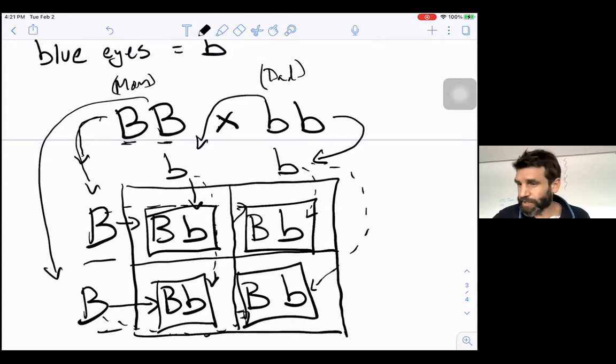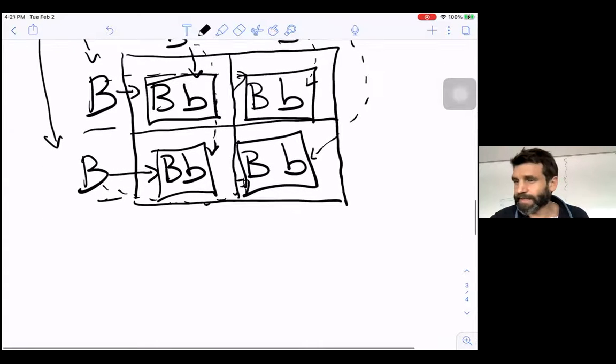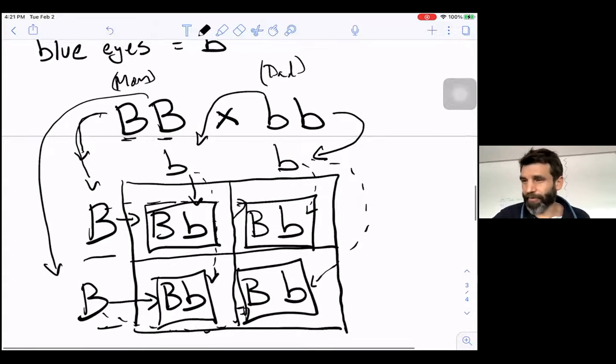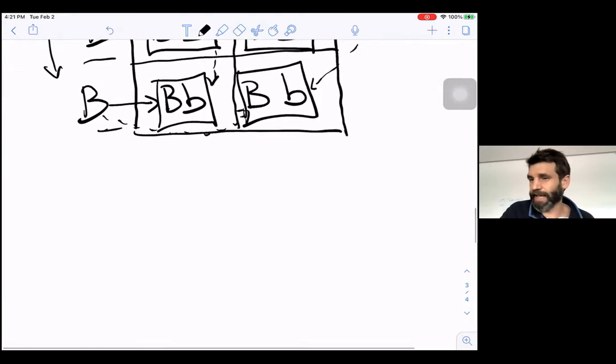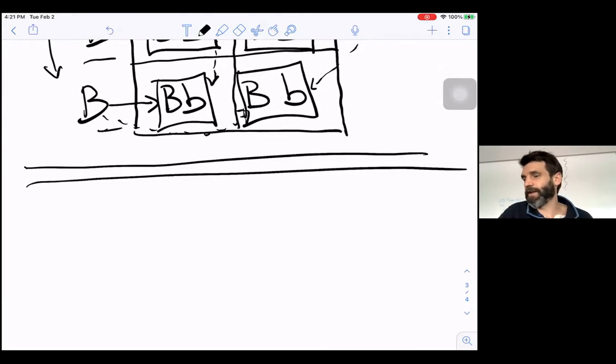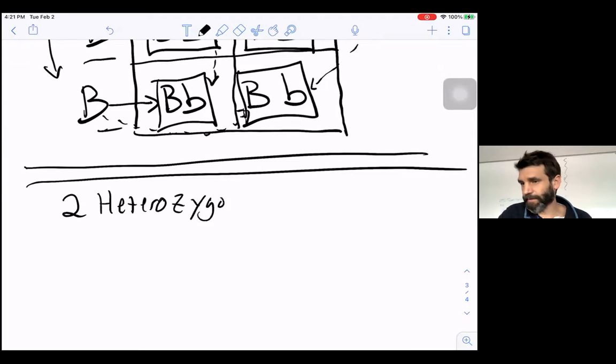And you might have been able to see that right off the beginning without having to make this Punnett square. But what gets a lot more interesting is, what if you cross two heterozygotes with brown eyes?